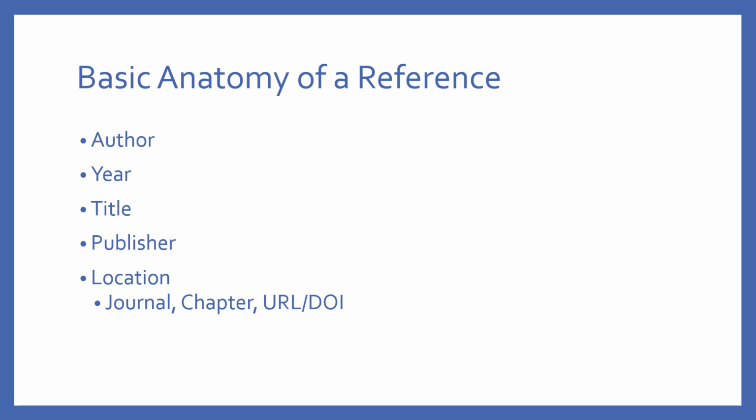And then the location. So if you're talking about a chapter in a book or a journal, you'll want to know the volume and the issue. Sometimes pagination comes into play. For example, in journal articles, you do include the pages of the journal where the article appears, but not for books.